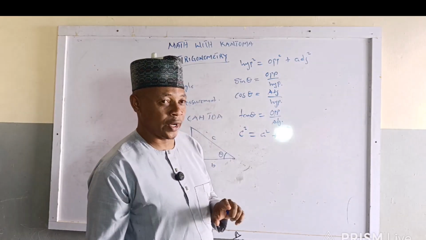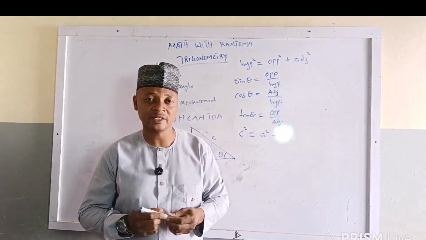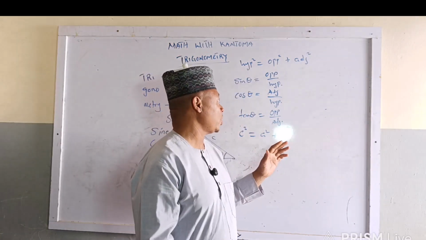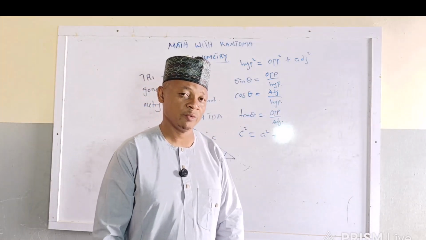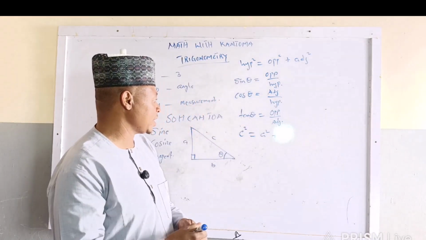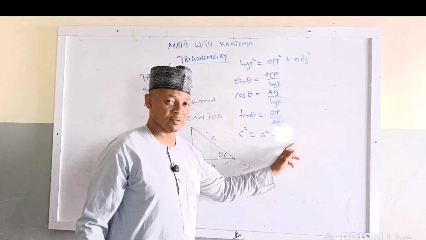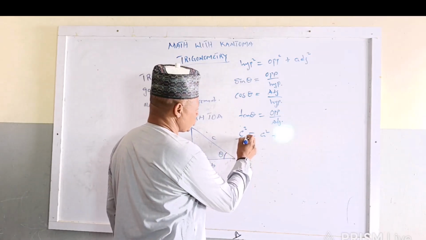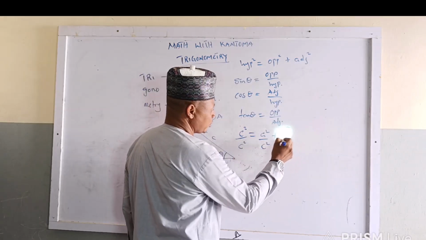Now we are aiming at deriving the first identity in trigonometry, the formula for the first identity equation. In doing that, let us divide through by the hypotenuse squared, which is C squared.